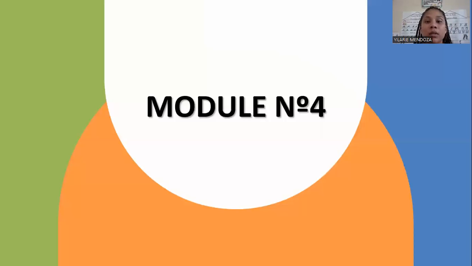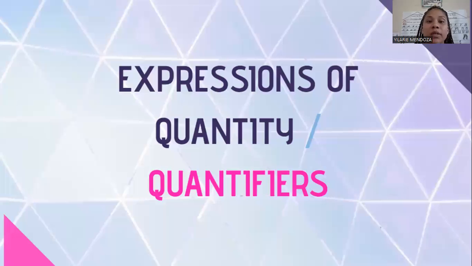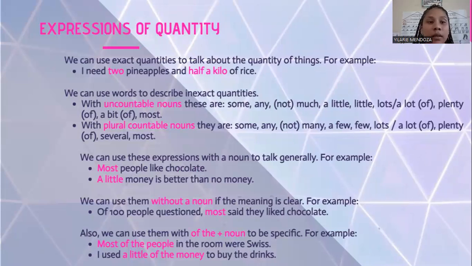In module number four, expressions of quantity and quality. We use expressions of quantity to talk about the quantity of something. For example, I need 2 pineapples and half a kilo of rice.